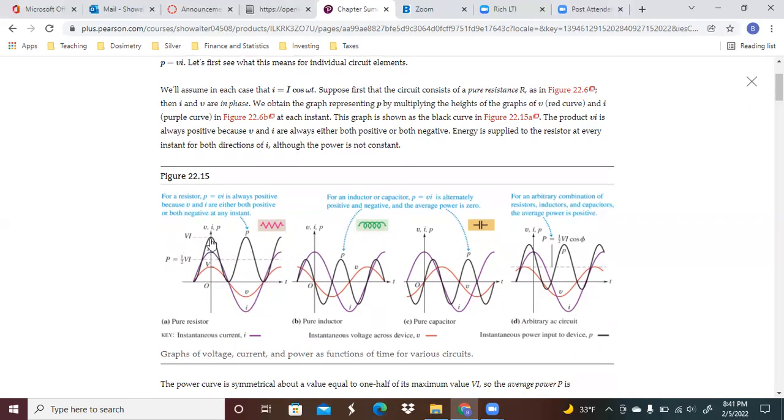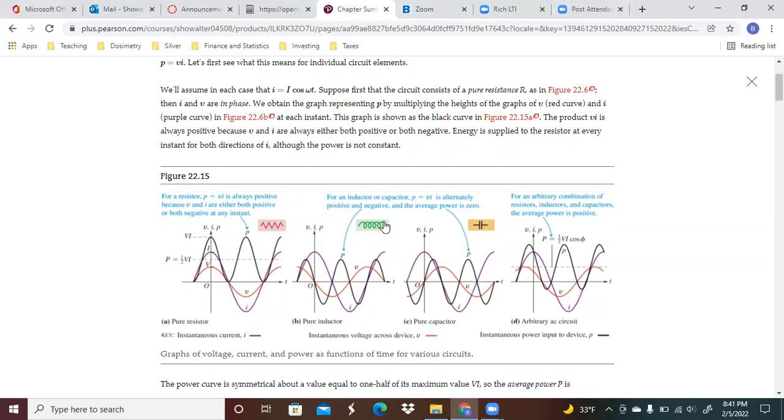And therefore the power, which is going to be the product of these two, is going to be positive when both are positive. It's going to be 0 when, in this case, both of them happen to be 0. The power is also going to be positive when both are negative. And since both are positive or negative at the same time, the power is always going to be positive when we're looking at a pure resistor.